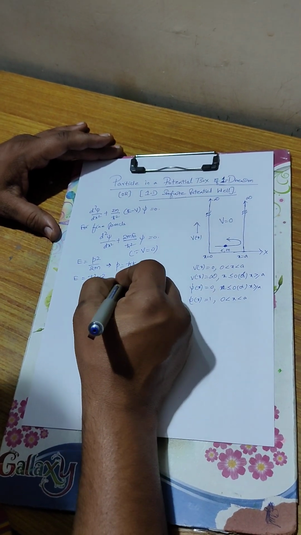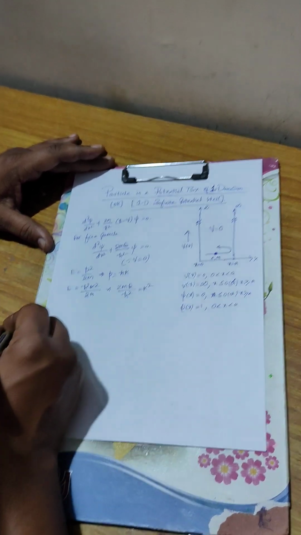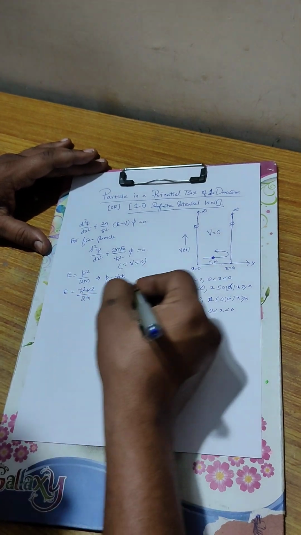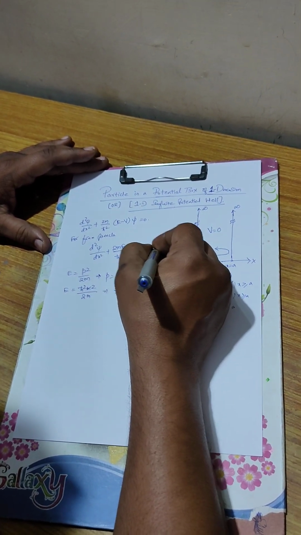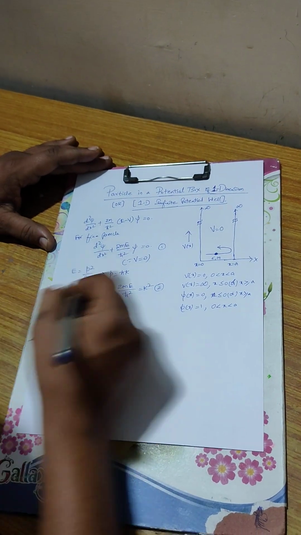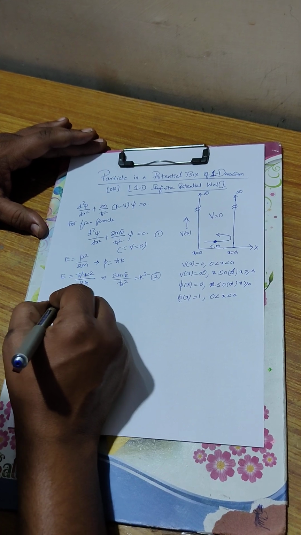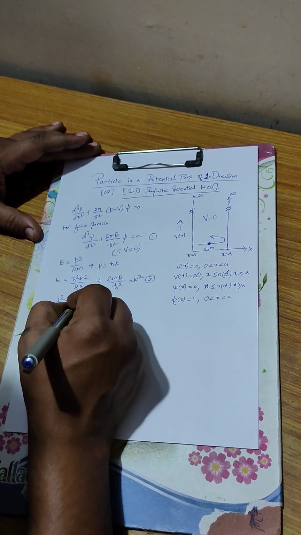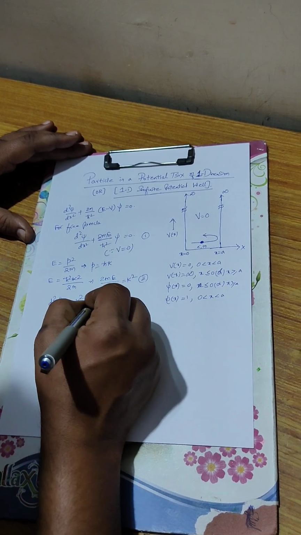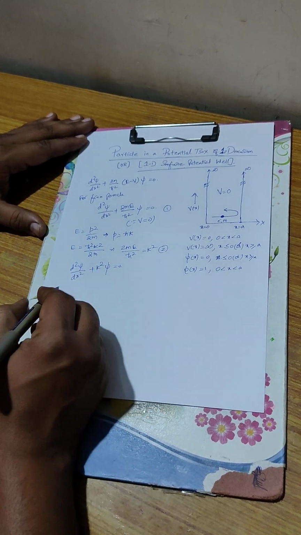This implies that 2mE/ħ² = k². Let us consider this as equation 2, and the earlier Schrodinger's equation as equation 1. Substituting 2 in 1, we get d²ψ/dx² + k²ψ = 0.